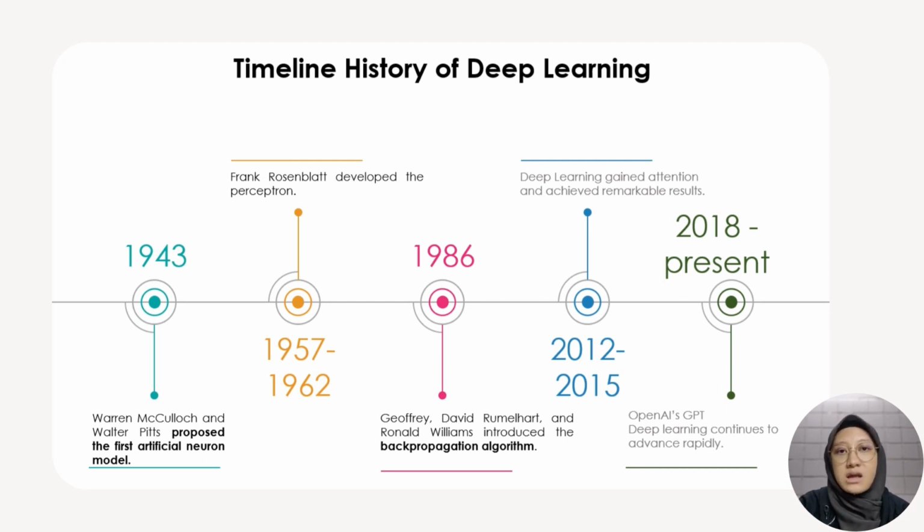Deep learning continues to advance rapidly, and it is being applied in various industries such as healthcare, finance, robotics, and more. So that's all for the history of deep learning from me. Now I will pass the presentation to Rashika to dive into the applications of deep learning.